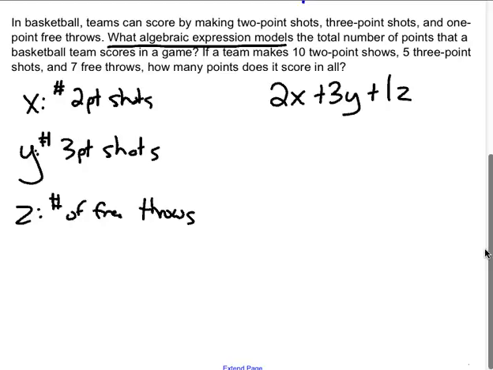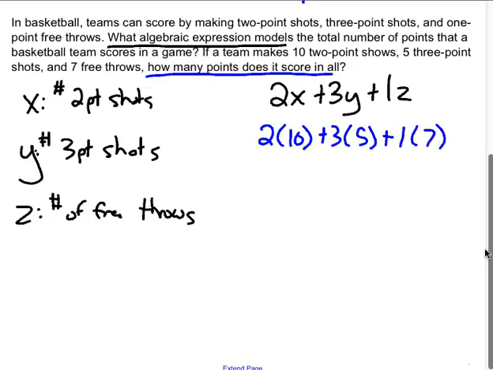Now, just like last time, to give us a scenario, if a team makes 10 2-point shots, 5 3-point shots, and 7 free throws, how many points do they get in all? So now we want to know how many points does that team get, okay? In a specific situation, how much did that team get? So they made 10 of the 2-point shots, 5 of the 3-point shots, and 7 free throw shots.